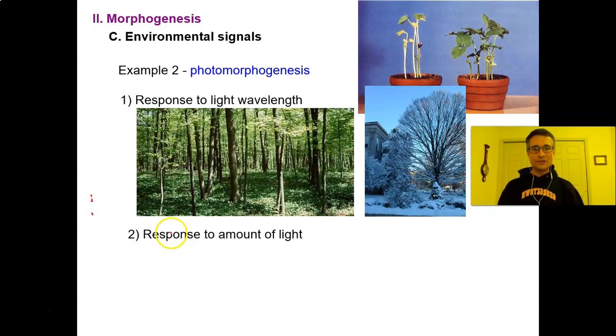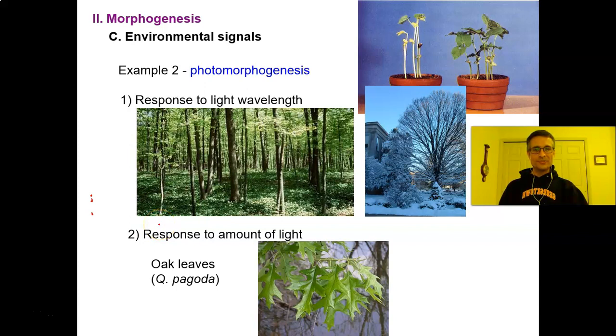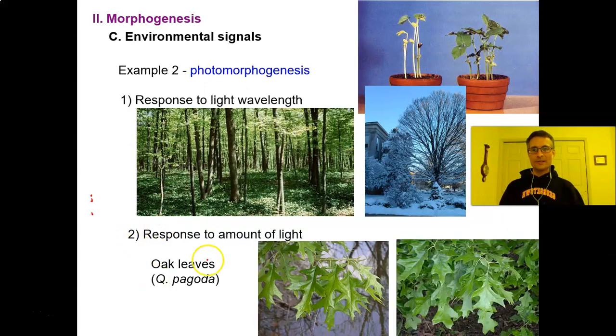The amount of light can also be important, and the amount of light can sometimes determine characteristics of an organ, such as its thickness. So we see that over here with two sets of leaves of an oak. This is Quercus pagoda, and these leaves of a particular tree, notice that they are sort of on the outside, they get a lot more light, and they're much more deeply lobed.